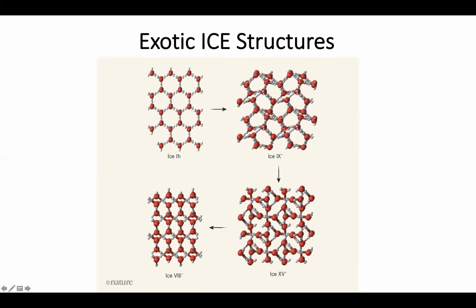And then you can compress this even more till you get to ice 15. And then as you compress the system even more, you get to the classic stable, very high pressure system. So you have to put a lot of high pressure to move past the semi-stable 9 and 15 to get to ice 8, which again is our low pressure scenario.